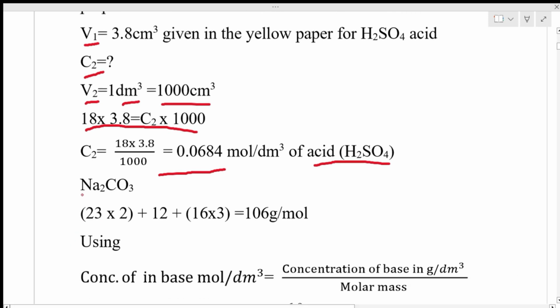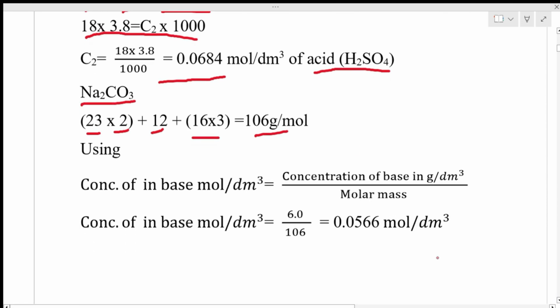So the base is Na2CO3. I calculate my molar mass: 23 times 2 plus 12 plus 16 times 3, giving us 106 gram per mole. This is the value given for the base in gram per dm³. I'm converting to mole per dm³ by dividing by 106, I beg your pardon.